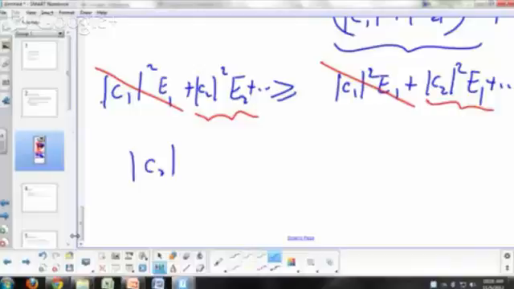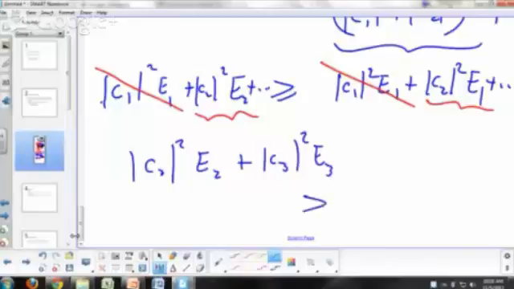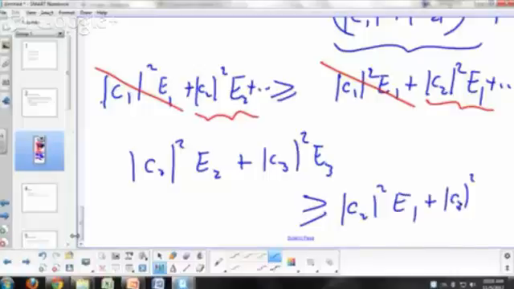C2 squared E2 plus C3 squared E3 plus extra terms, would that be greater than or equal to C2 squared E1 plus C3 squared E1 plus extra terms? Sorry, this should be E1. Is that true? What would make that true?